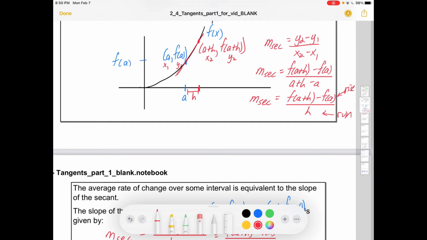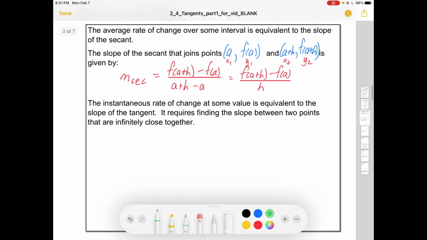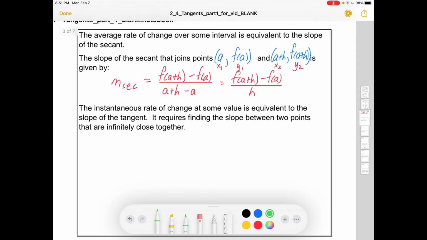Now, what do we want to happen? We want those points to be as close together as they could ever be. We want this h to be as little as possible. But it can't be 0. If it's 0, then you have the same point twice, so you can't actually find slope. And that's where limits come in. To turn a secant slope into a tangent slope, all we need to do is use a limit. So the instantaneous rate of change at some value is equivalent to the slope of the tangent.